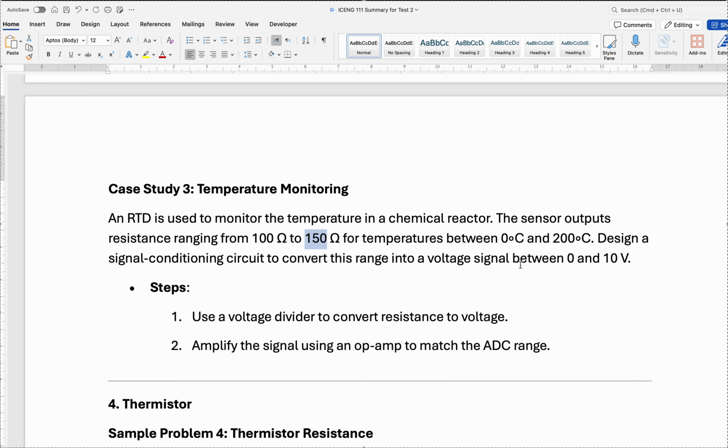First, I think this is simple. We have the output, which is 0 to 10 volts, which is V1 and V2 in this case, and I have the input values. Now you may get confused: the input values 0 to 200 are X1 and X2, or 100 and 550 ohms are X1 and X2.